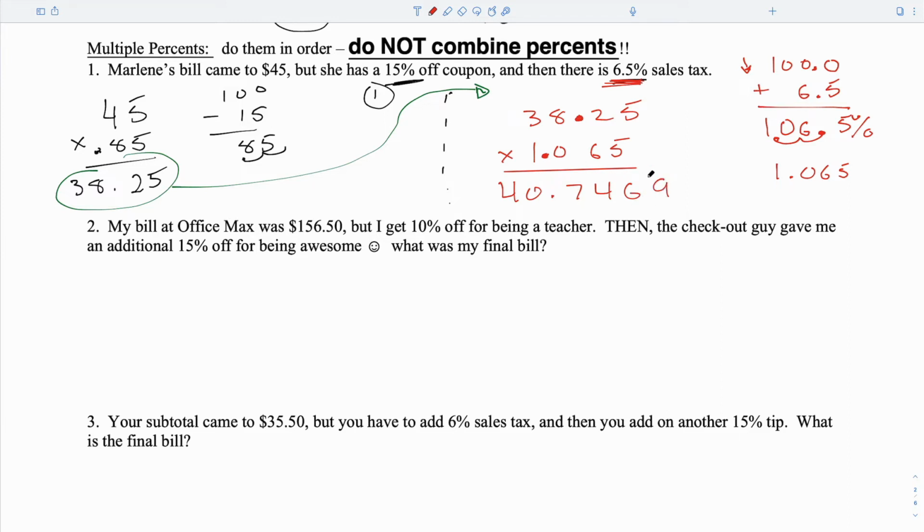If you have decimals that are more than two places to the right, we don't pay 7,460 cents. We have to round it to the nearest hundredth. Look at the third number. If it is 5 or more, you let the second number soar. 6 is bigger than 5, so we let the 4 soar up 1. This would actually be 40.75.